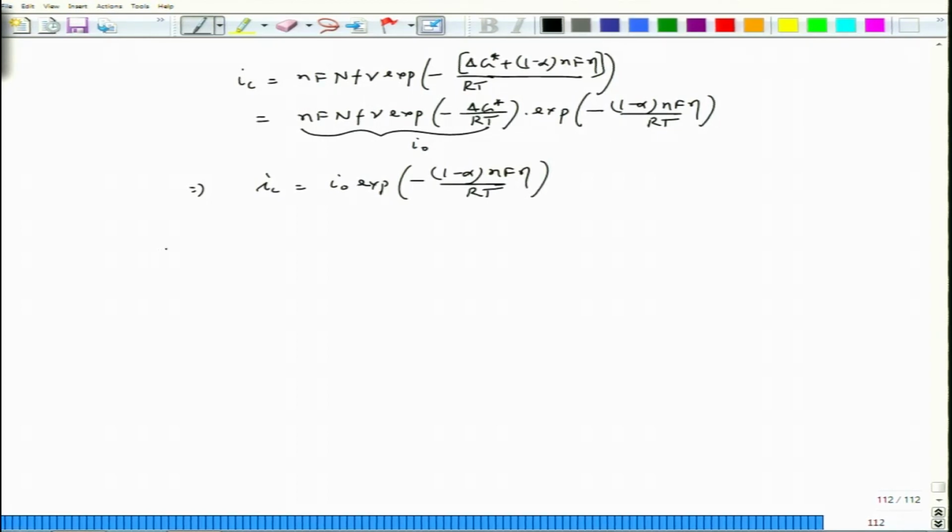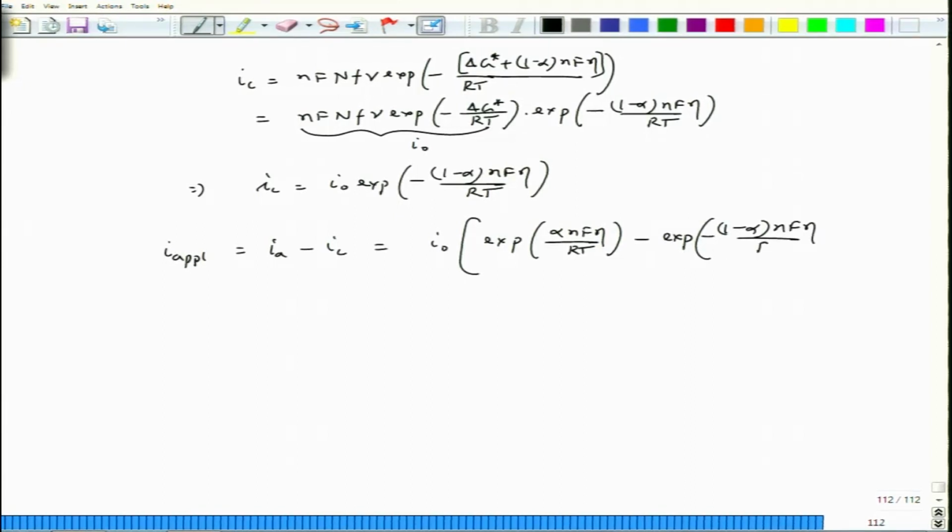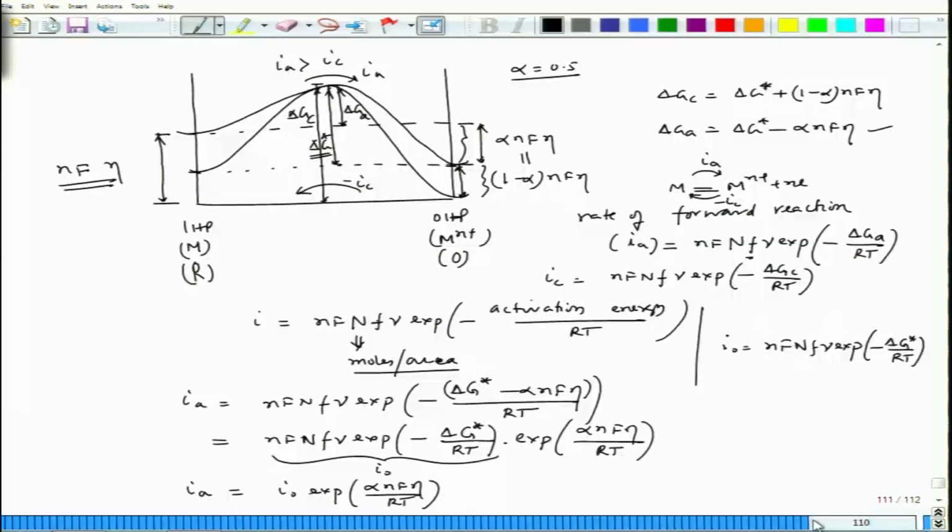So, I applied equals I A minus I C equals I 0 times exponential alpha n F eta by R T minus exponential (1 minus alpha) n F eta by R T. Here we are considering this quantity to be this part and the rest part would be 1 minus alpha.